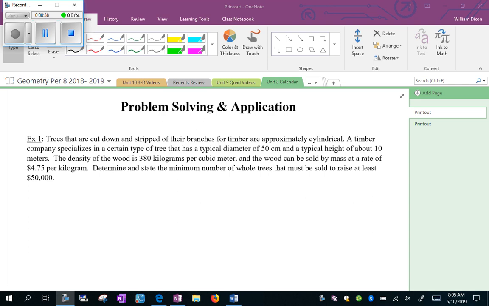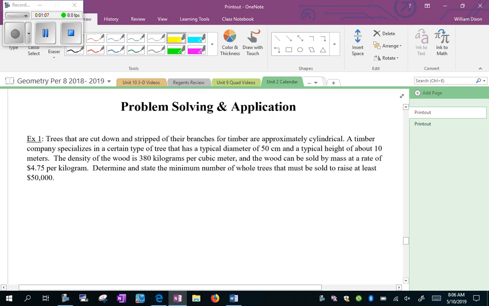The density of the wood is 300 kilograms per cubic meter, and the wood can be sold by mass at a rate of $4.75 per kilogram. Determine and state the minimum number of whole trees that must be sold to raise at least $50,000.